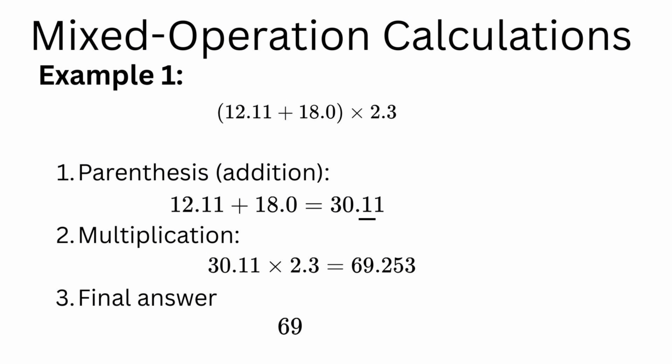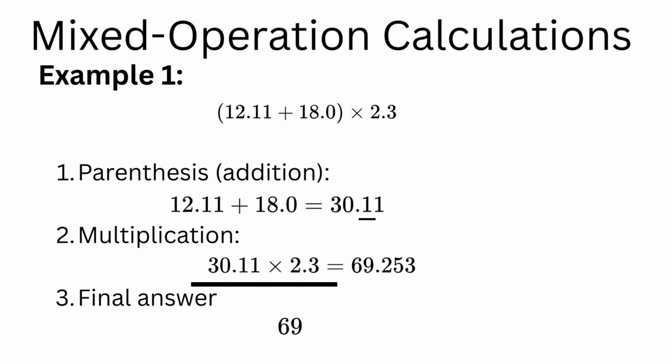Then do the next operation, which is multiplication. Do not round 30.11 yet. So now you're multiplying 30.11 times 2.3. This will give you 69.253 on your calculator. Or if you could do it by yourself, that's even better.